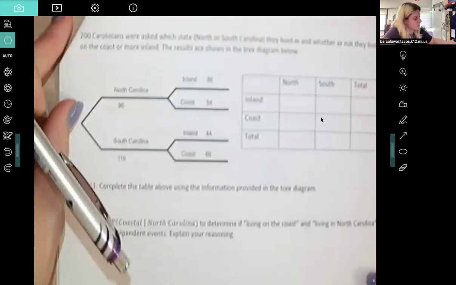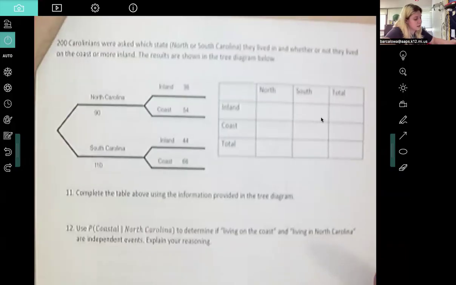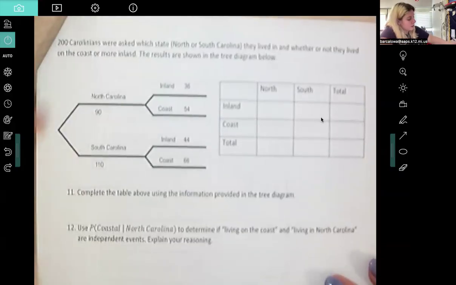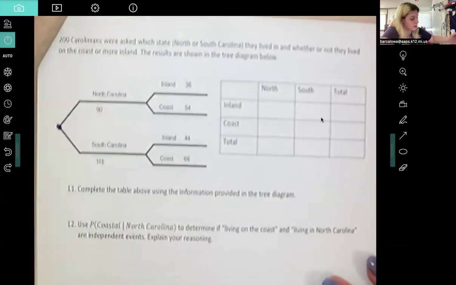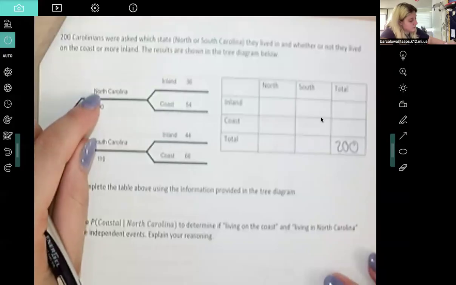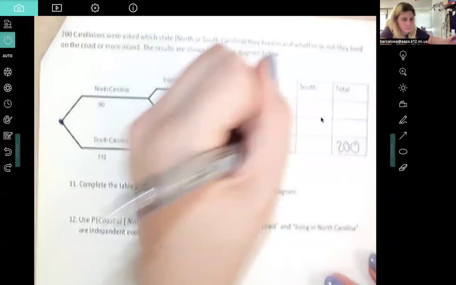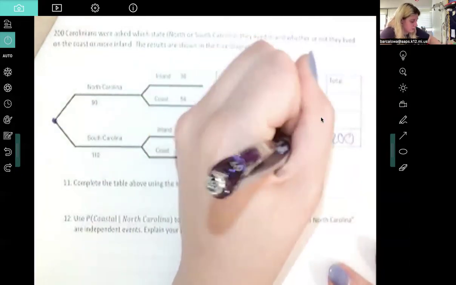All right, last page. 200 Carolinians were asked which state they lived in and whether or not they lived on the coast or more inland. The results are in the tree diagram below. Here is the root of the tree. 200 people total were asked. 90 people were from North Carolina, and 110 of those people were from South Carolina.